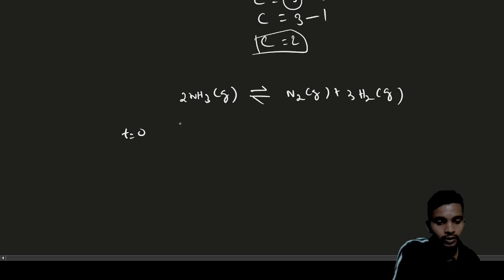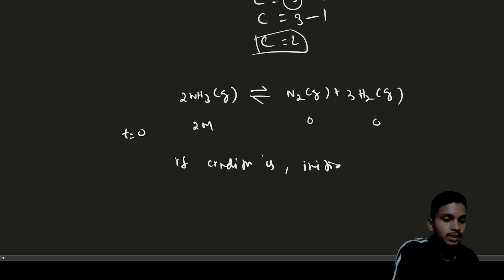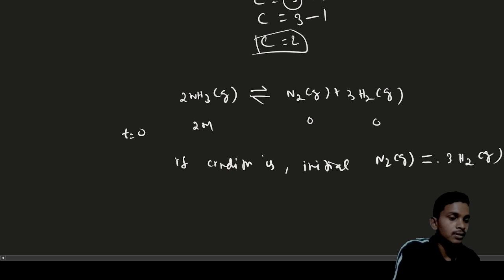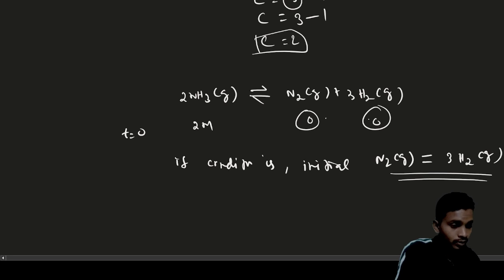Initially this is 2 molar and these are 0, 0. So if the condition given is that initially N2 gas equals 3H2 gas, like initially both are 0, meaning they are equal, then this is the condition.